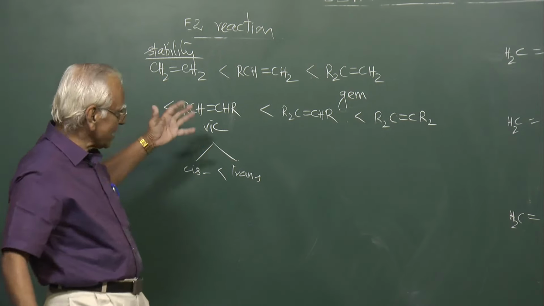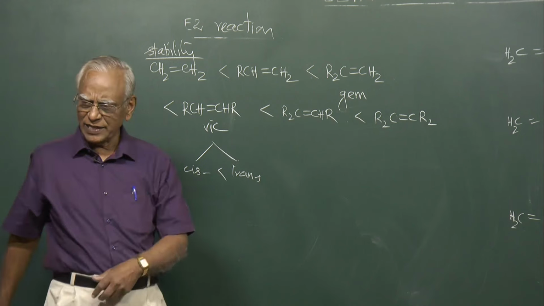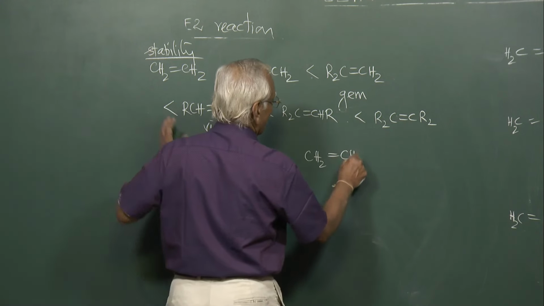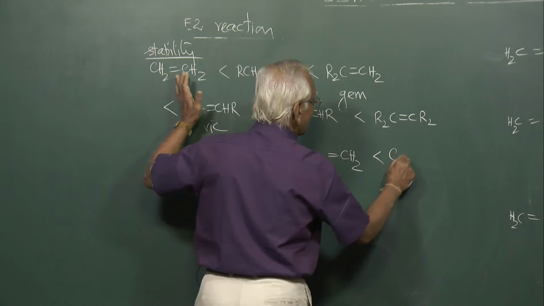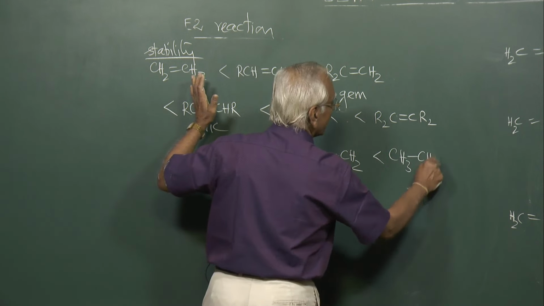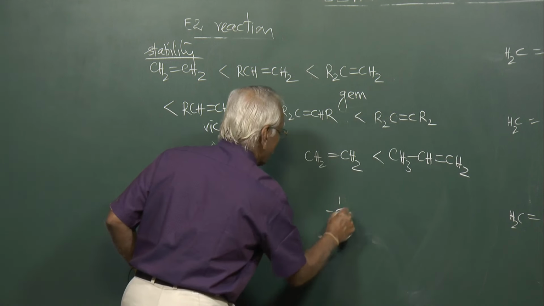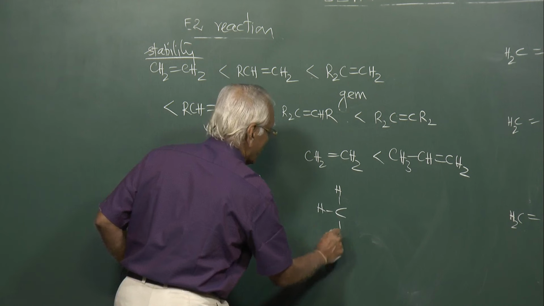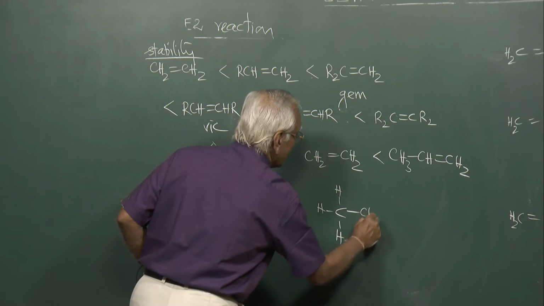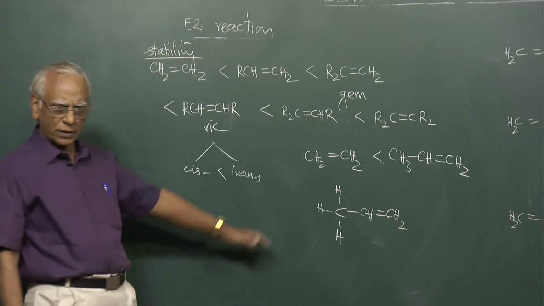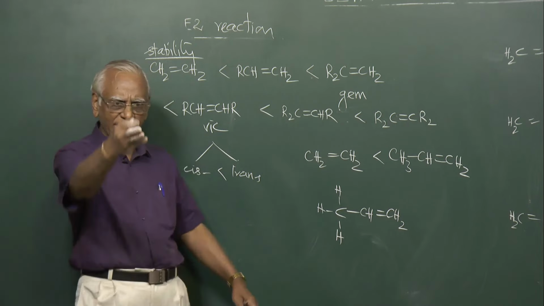Now, for us to understand how these alkyl groups increase the stability, let's say between ethene and propene, as per our explanation, ethene is less stable than propene. Because have we not explained the hyperconjugation in the case of propene? Is it conjugated? Yes.